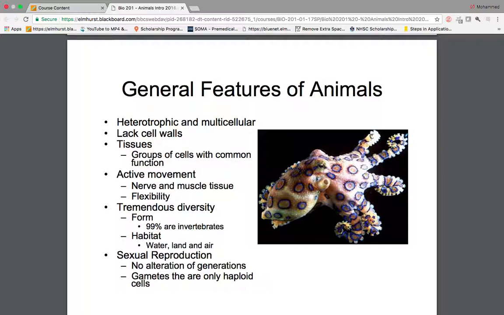So we're going to spend a lot of time talking about the invertebrates that are out there. Their diversity of habitats is huge. They live everywhere, from the bottom of the deepest ocean to the top of the highest mountain to the air around the highest mountain. Animals have managed to invade every habitat on the planet, including some really amazing places.